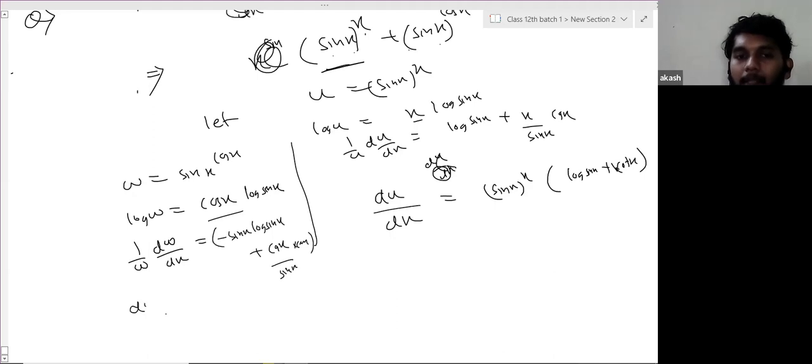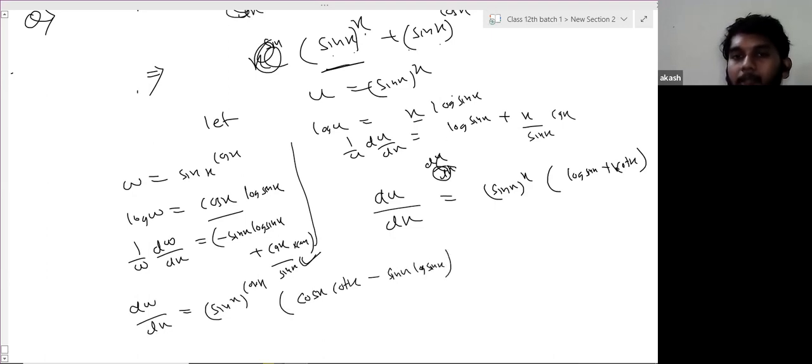So dw by dx is sin x to the power cos x into, I'm writing this one first, cos x into cot x minus sin x log of sin x. And just put the values here, you'll get the answer.